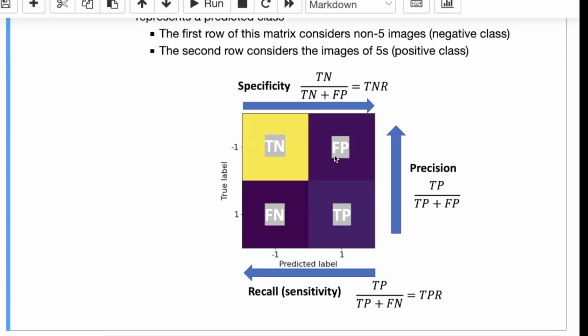This means that this was actually a negative sample that is predicted to be positive. So if it's predicted to be positive, this is not correct, and that's why it's a false positive. And the same thing with this second off diagonal term, right? This was actually positive, but predicted to be negative, and this is a false negative.